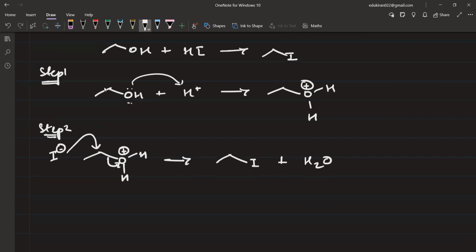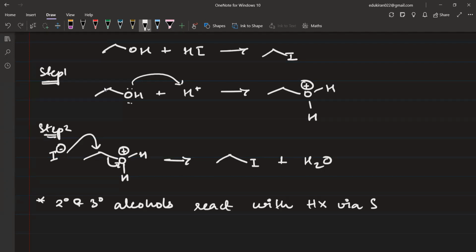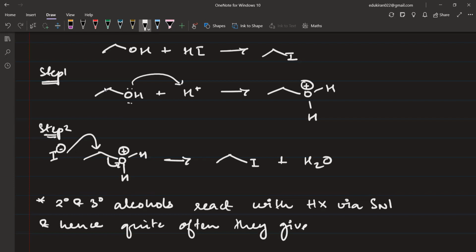We'll write next 2 and 3 degree alcohols react with HX via SN1, and hence quite often they give rearranged product.